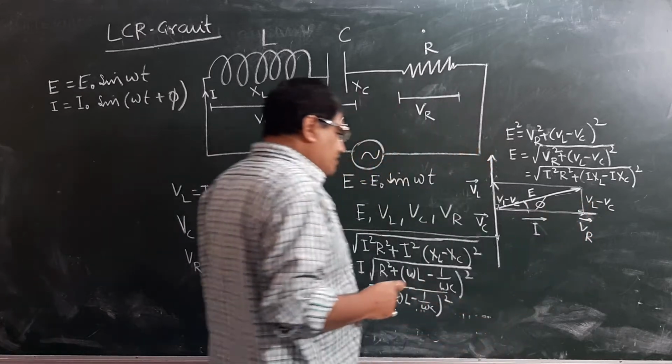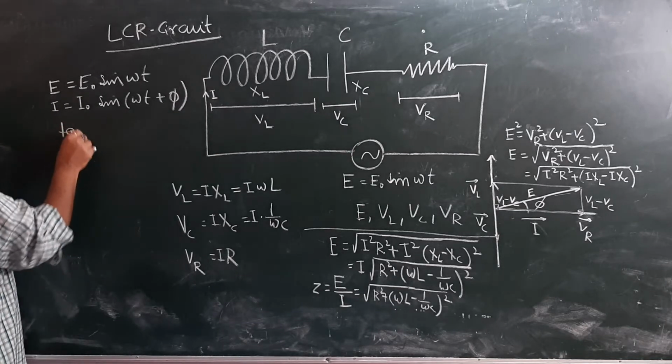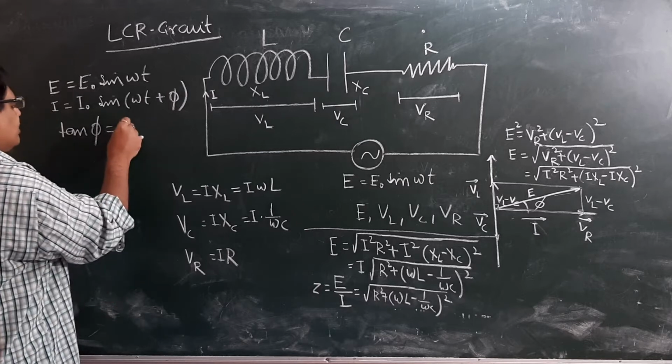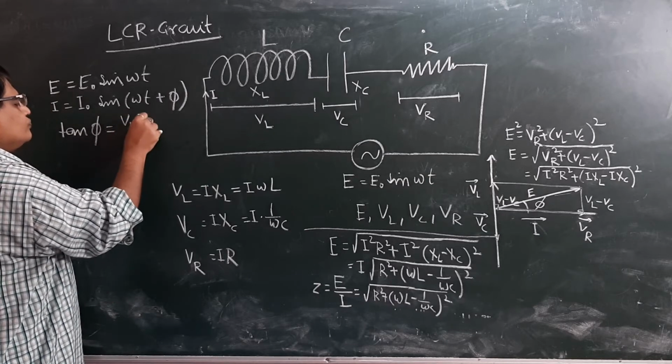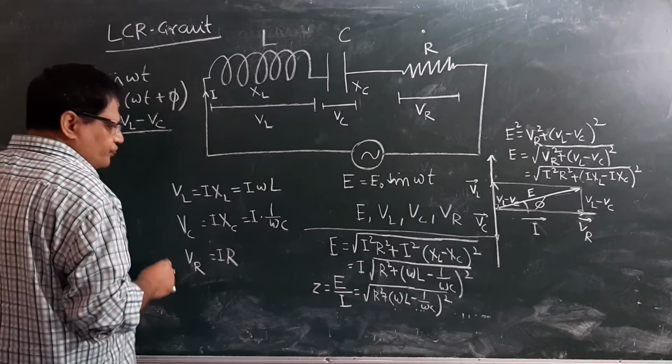So we can write tan phi is equal to VL minus VC divided by VR.